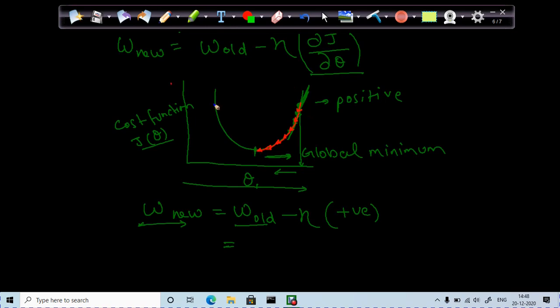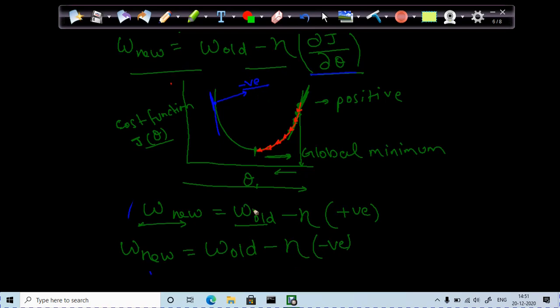Now the other randomly initialized weight is here. So again I will calculate the slope of this particular point, and this time the slope is negative. Again I will put the negative value in place of this partial derivative term. Now if I put this value again in this equation, then negative and negative will be positive.